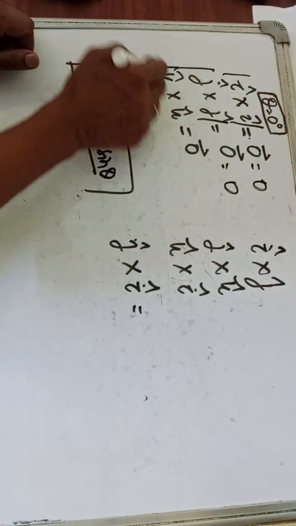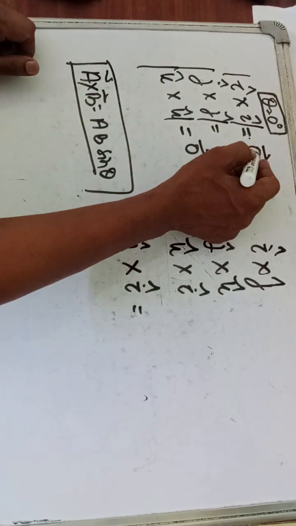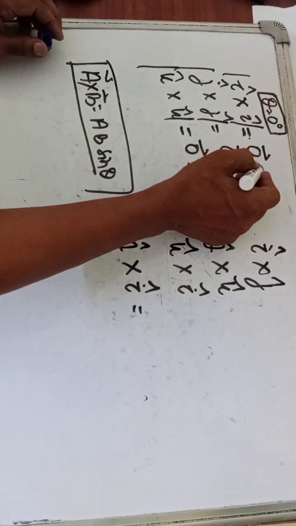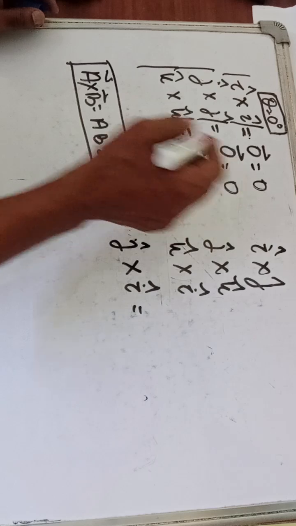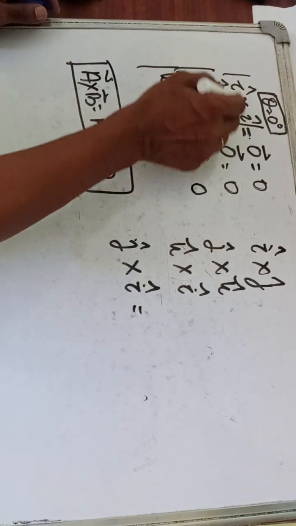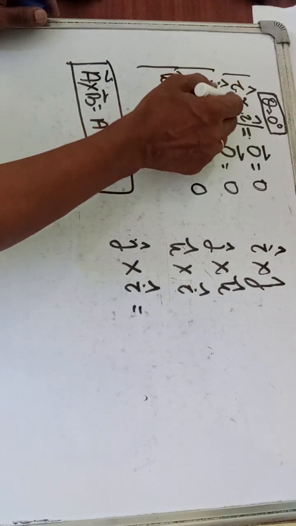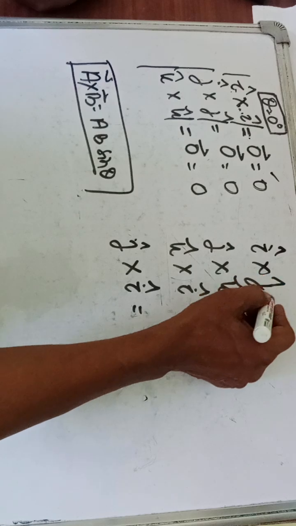It has only direction and the magnitude will be 0. That means when parallel vectors are cross multiplied, the cross product of two parallel vectors gives a zero vector.